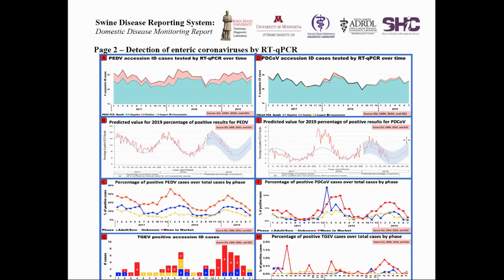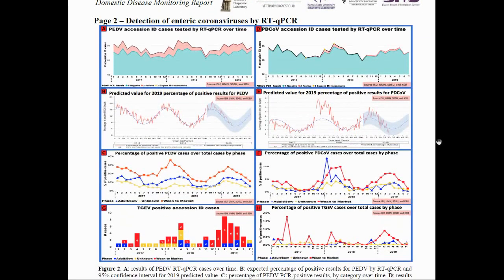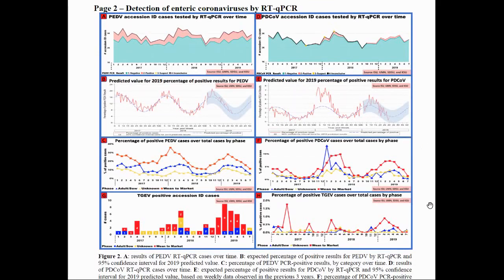Okay, so moving to page 2. Page 2 is about detection of enteric coronaviruses by PCR, and if I understand right, Giovanni, the summary of this page is that detection of PED, Delta coronavirus, and TGE are all also in the lower band within the predicted band, and so also going down compared to previous months, right?